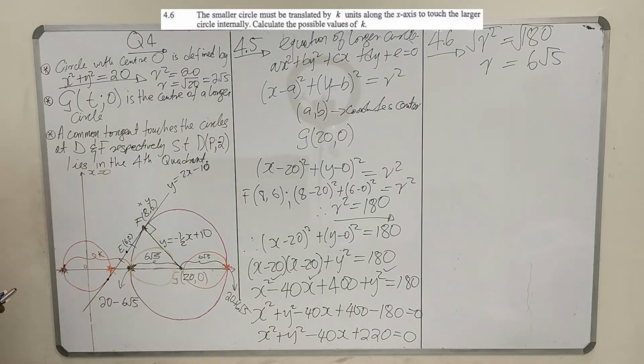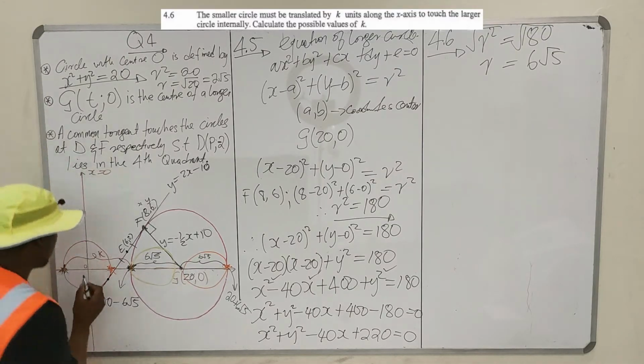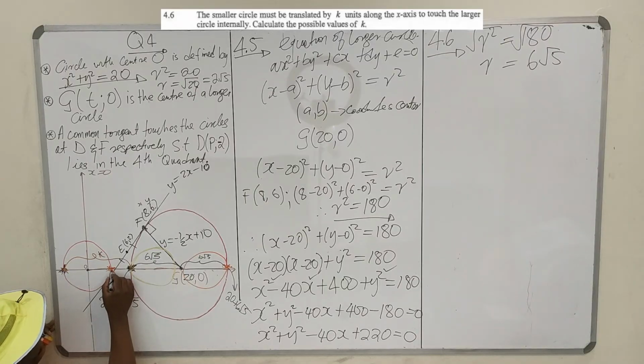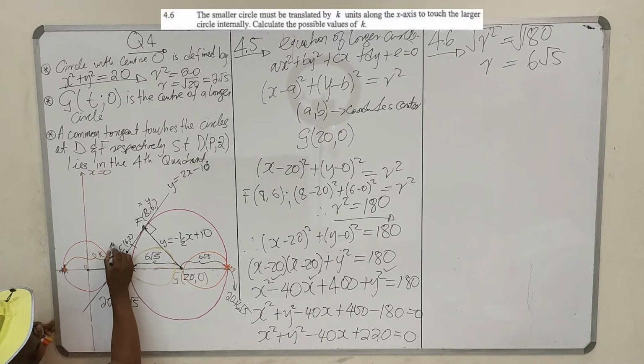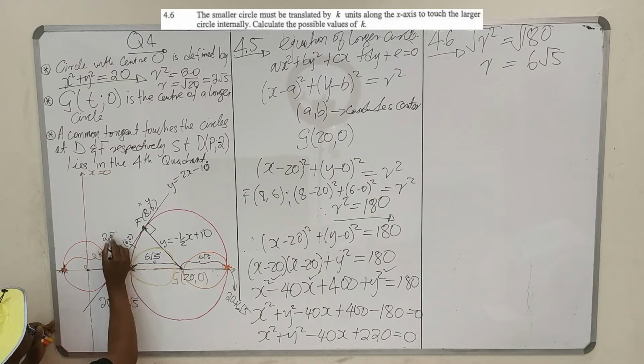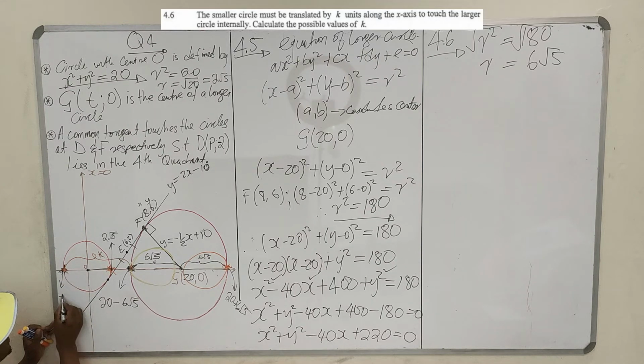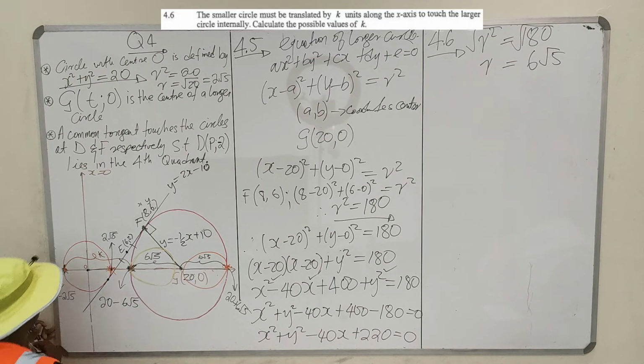Well, let me double check. Yeah, it is 2 root 5. So you know that the x coordinate here is equal to 2 square root of 5, from 0. And from here, it's minus 2 square root of 5.